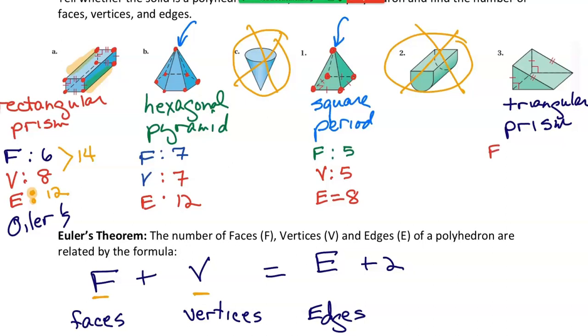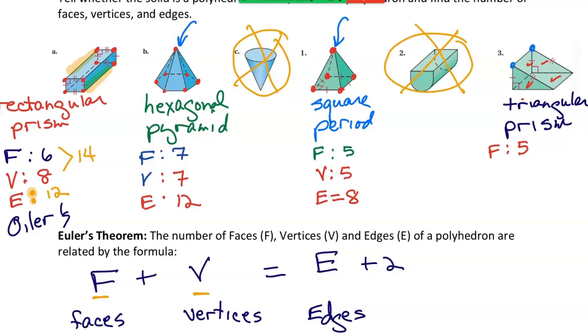So let's see, how many faces do I have? I have 1, 2, 3, 4 faces. No, is that true? 1, 2, 3, 4, 5 faces, because I have the top also. So that's 5 faces. And now I think I'll do blue and do the vertices that way.